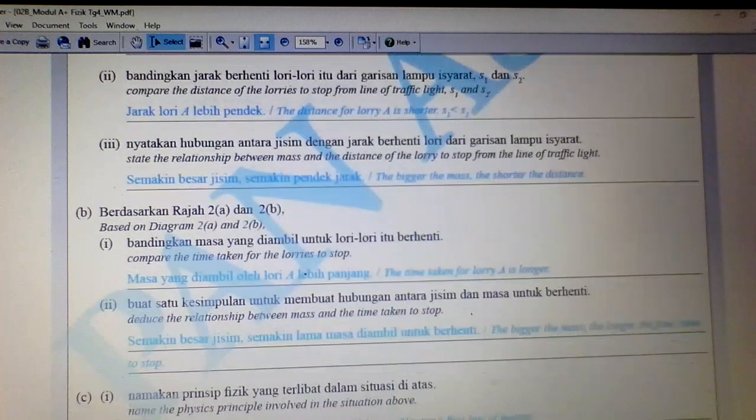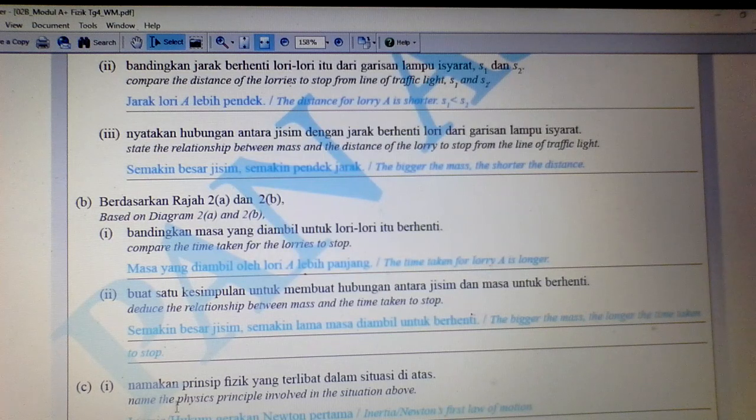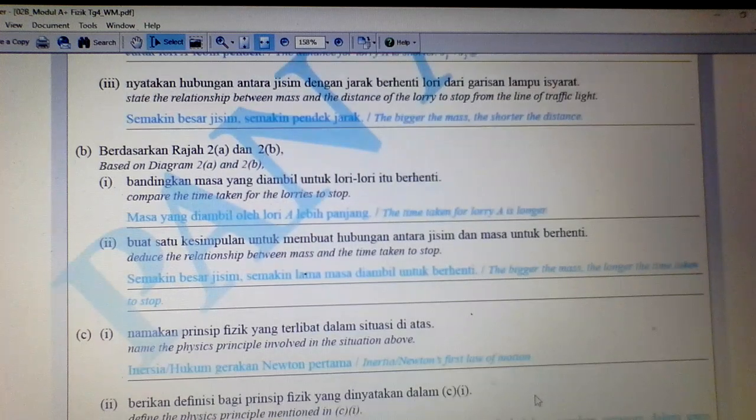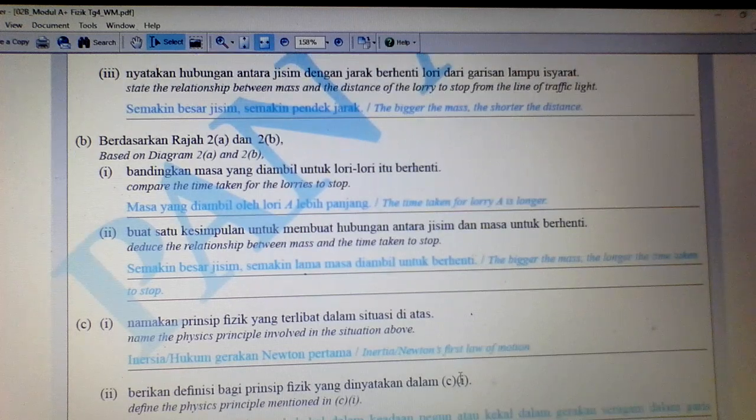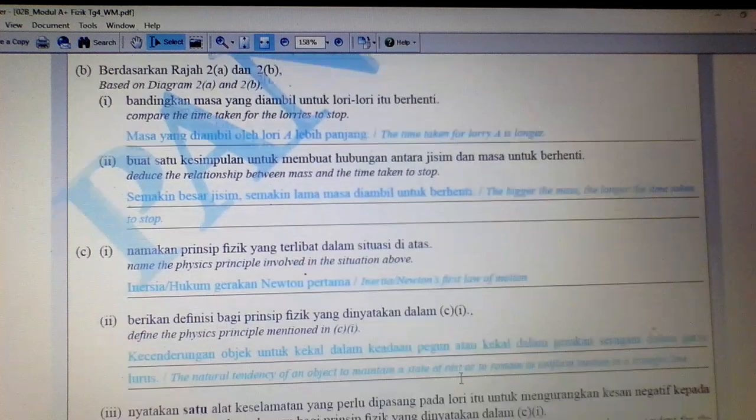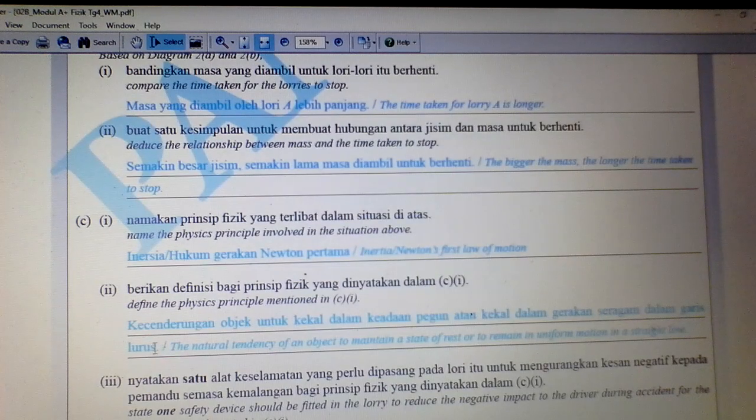Okay, C1. Name the physics principle or the law. So you write down Newton's first law of motion. Don't write inertia, write Newton's first law of motion. Define the physics principle.